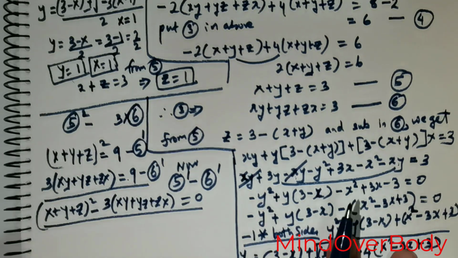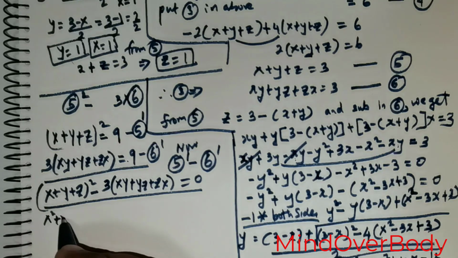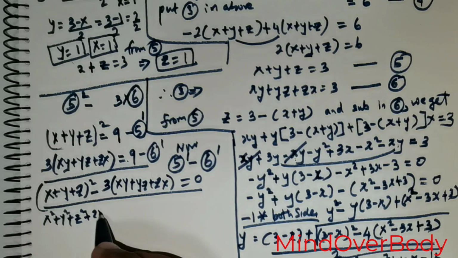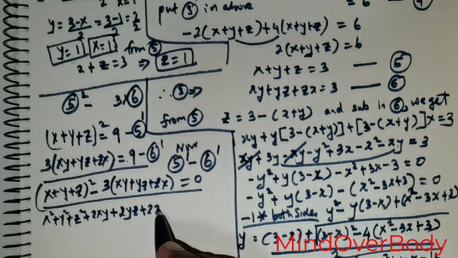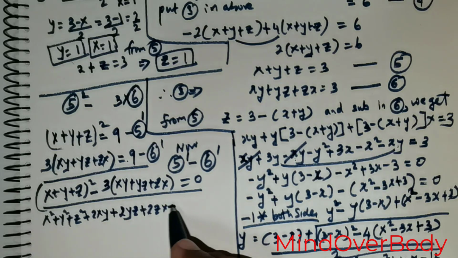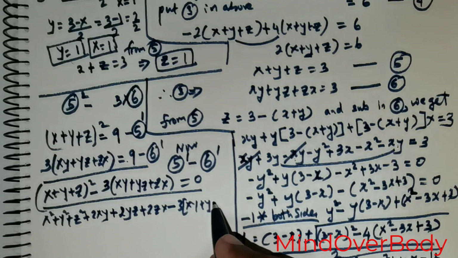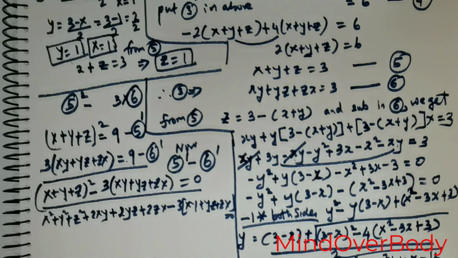Now if I expand (x + y + z)², I would get x² + y² + z² + 2xy + 2yz + 2zx, followed by minus 3 times (xy + yz + zx). Of course this is equal to 0.